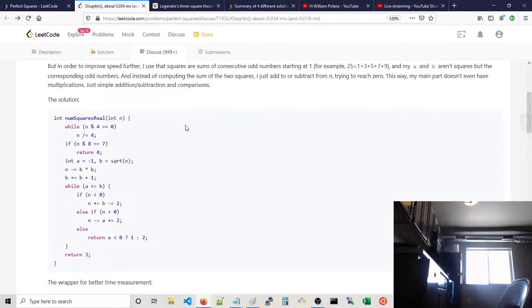set b to be that square root value, set a to be 1, and take the difference to be n minus those two things. And then you do a while loop until these indices collide.